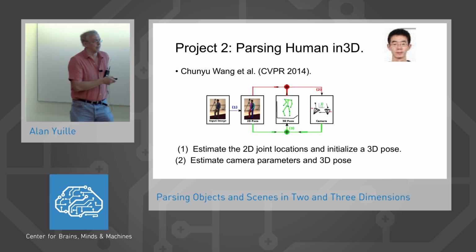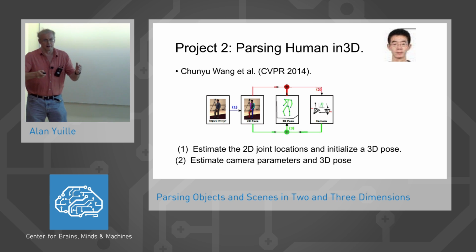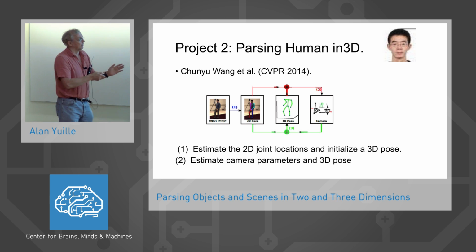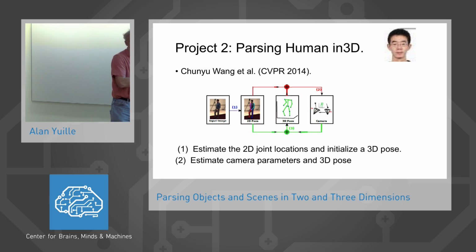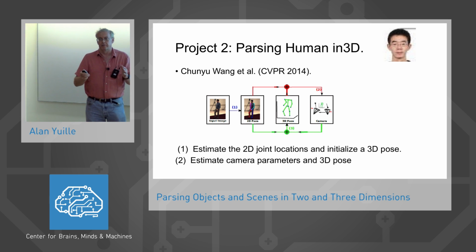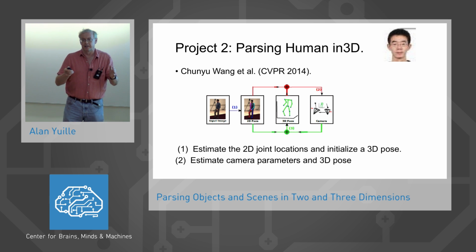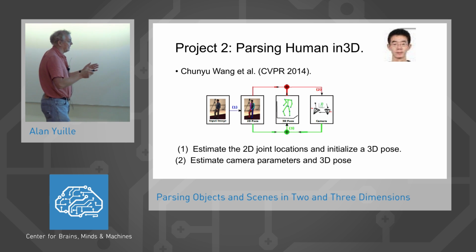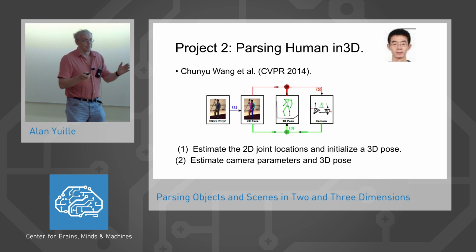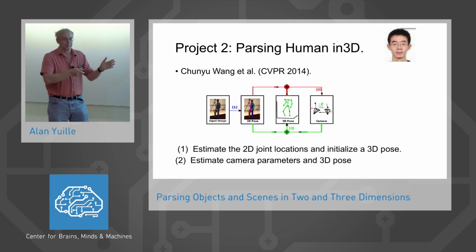Finding the pose requires finding the configuration of the person. It also requires what in computer vision are called the camera parameters, which is the orientation of the person relative to the camera. So if I keep my same pose here and move myself around, I'm essentially changing your camera, but I'm keeping the same pose.